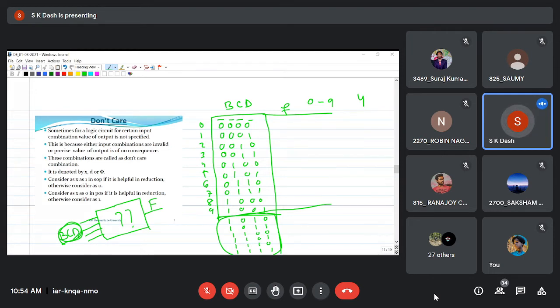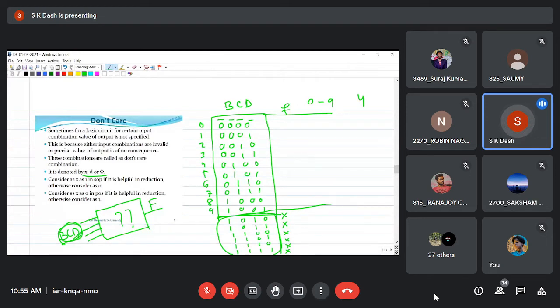In that case, we call them don't care combinations, and the corresponding output is denoted as cross, or D, or phi. The point is that we cannot use them, so they are of no use. At the same time, when writing a truth table, you write all possible input combinations. So those combinations are called don't care combinations.